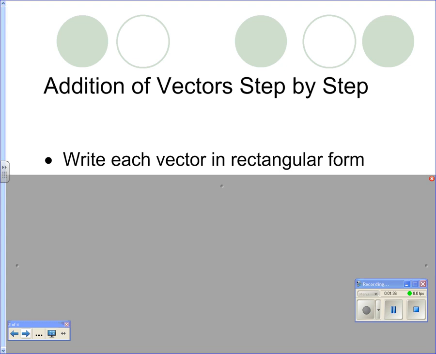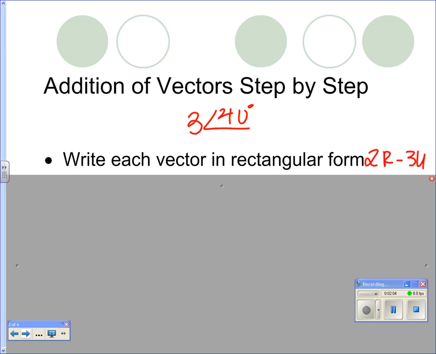What is rectangular form? The R's and the U's. Do y'all remember those? Something like that is a vector. And then you'll put it in that form.